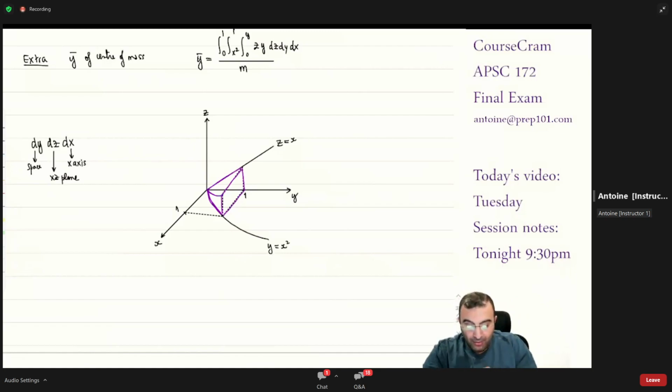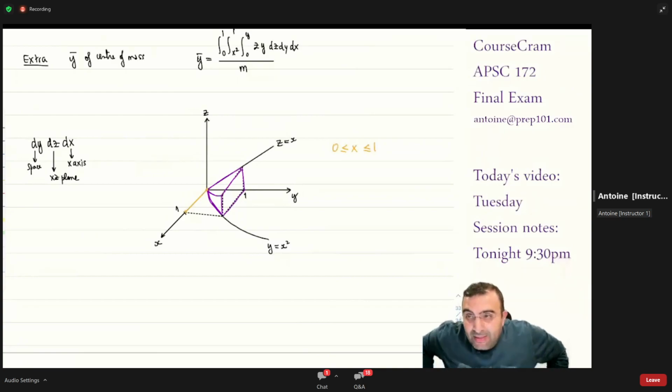So what's happening in the yz plane? X is pretty clear. X is going from 0 to 1. So let's not worry too much about this. X goes from 0 to 1. I need to figure out what's happening in the xy plane and in the xz plane. And this is going to be a little bit tricky.